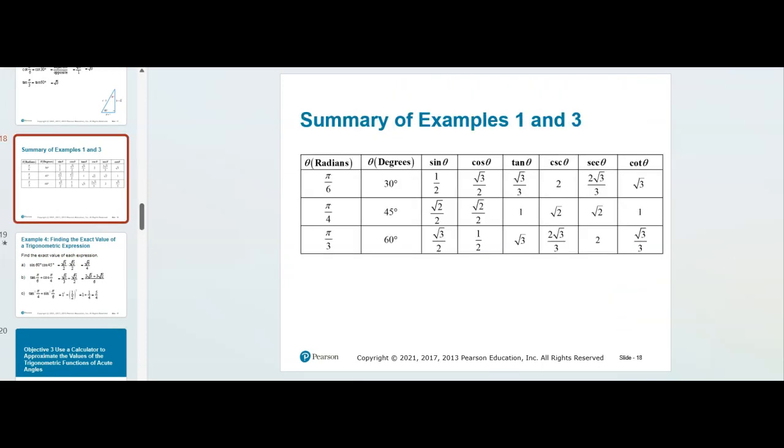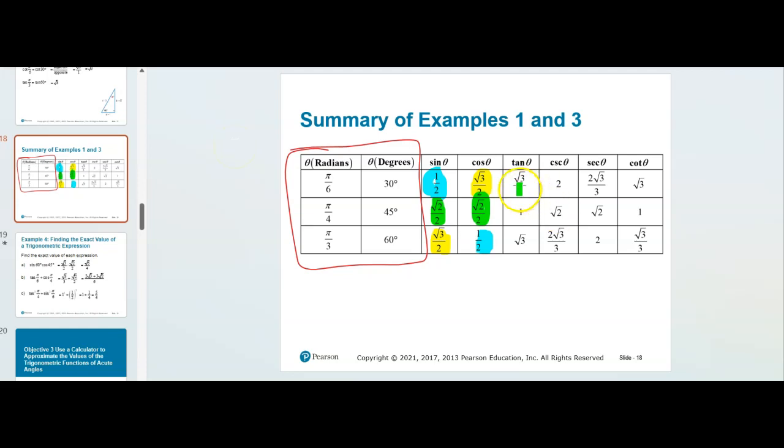All right, again, there are the 3 special angles that are acute, in radians and degrees: 30, 45, 60. And then there are all the different values of the 6 trig functions for those 3 special angles. If you are paying really close attention, you'll see the same numbers show up in different places, like a half, square root of 3 over 2, square root of 2 over 2, under the sines and the cosines.